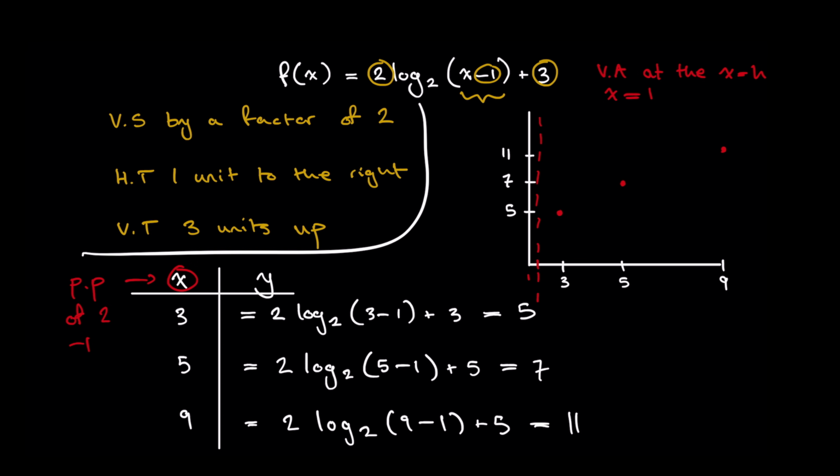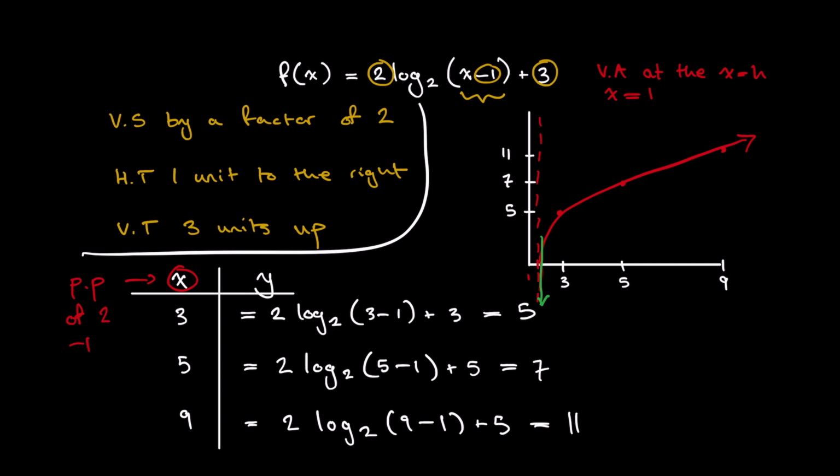And when we connect everything, we're going to get something that looks like this, though not necessarily drawn to scale. And just keep in mind that our function never crosses the line x is equal to 1. So it will get very close to, but not quite contact, our vertical asymptote.